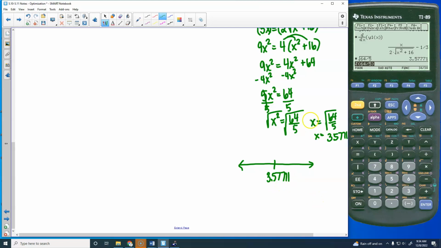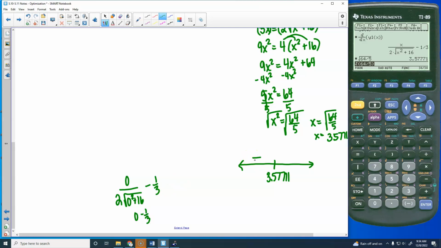Alright, so if I plug in, I guess I can plug in 0 to that. If I plug in 0 over 2 square root of 0 squared plus 16 minus 1/3, that is 0 minus 1/3, which is negative.